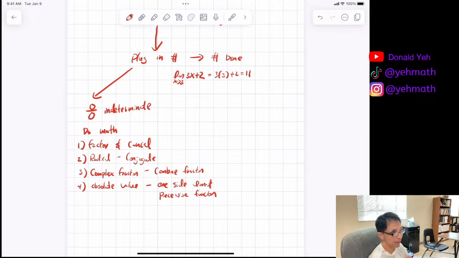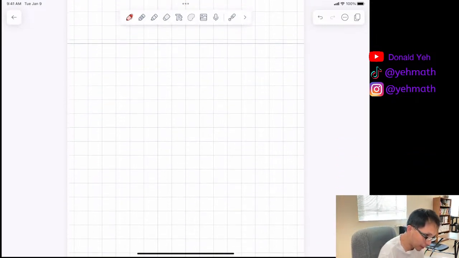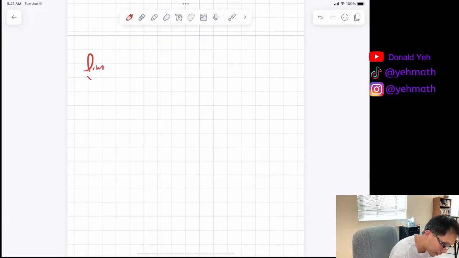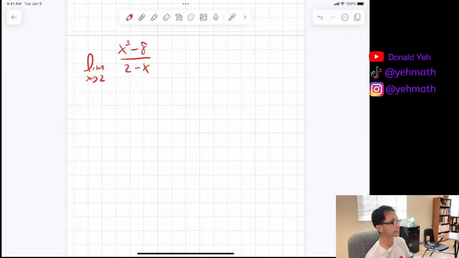So let's give you a first example. Let's start with something a lot of you guys don't remember, but I put on the test. It's the limit as x approaches 2 of x cubed minus 8 over 2 minus x.